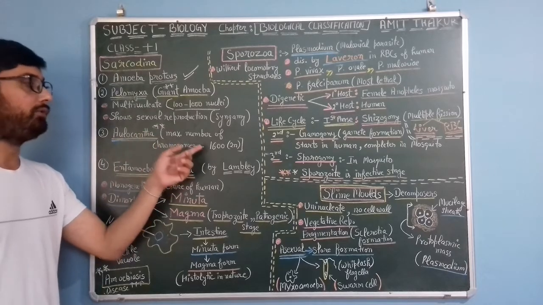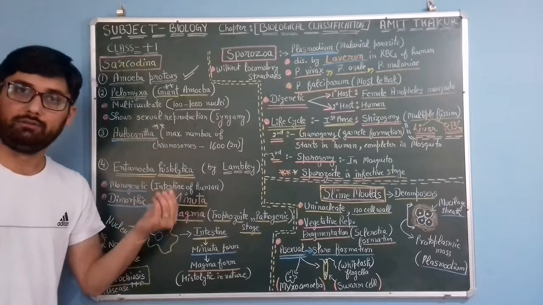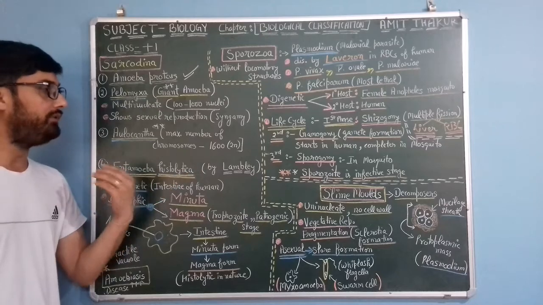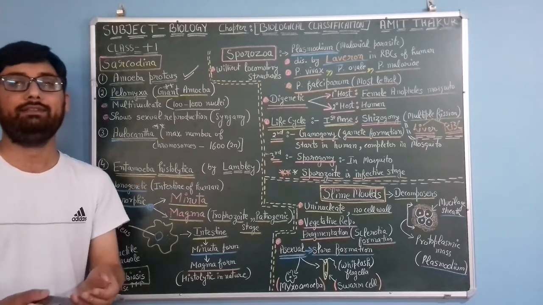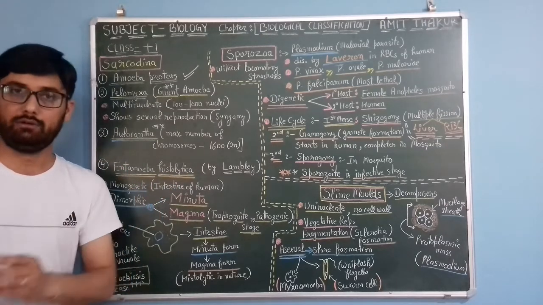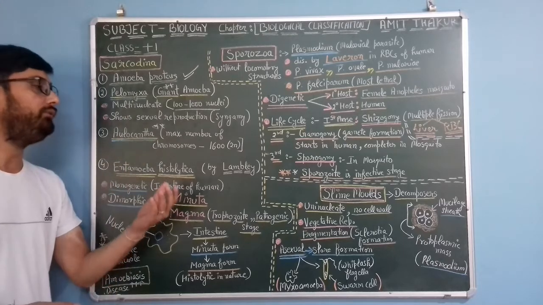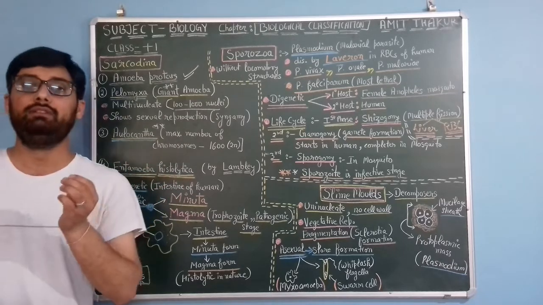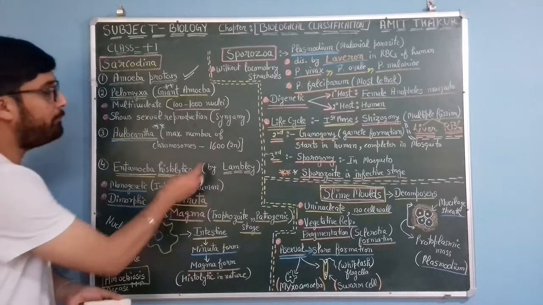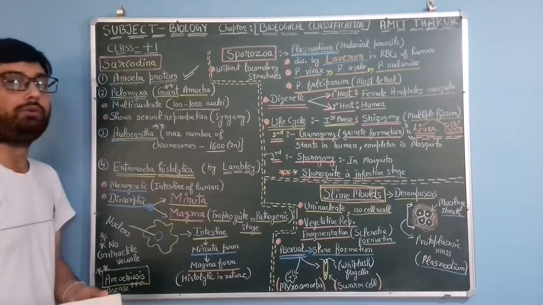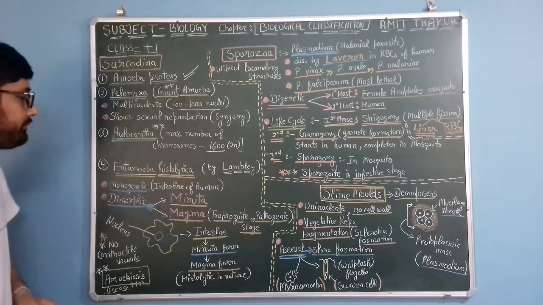This is the most chromosomes in an animal cell, because we consider protozoans as the smallest animal-like organisms.